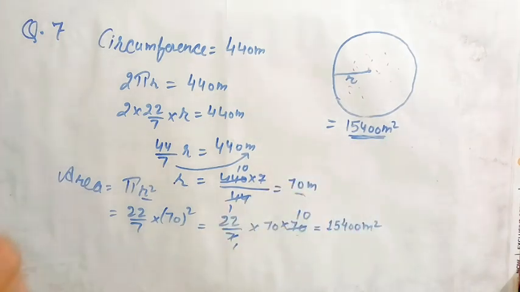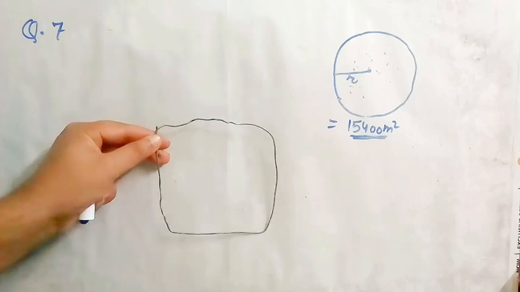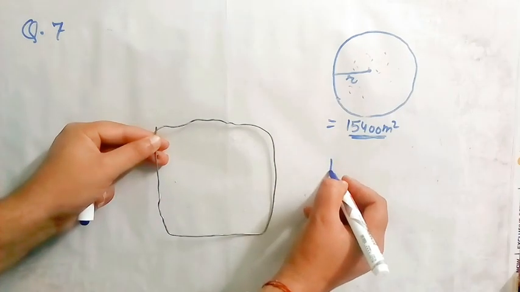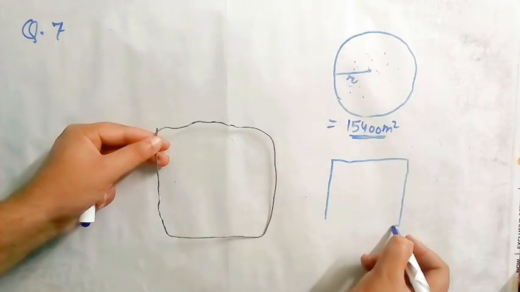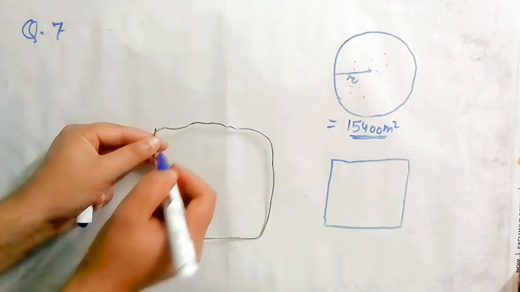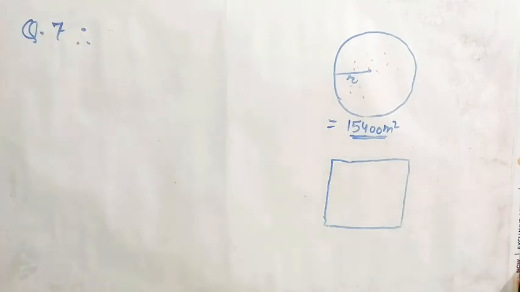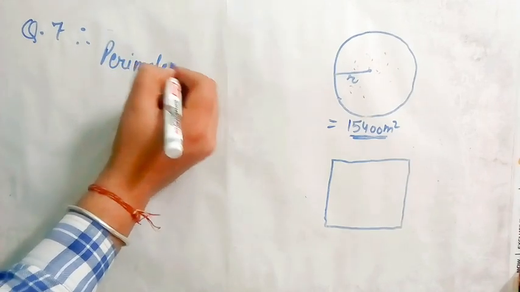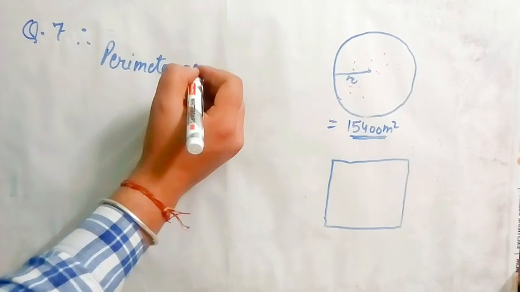Now let us see the same wire when it is converted in the form of a square. The wire is the same, means the length of the wire, that is the length of the boundary of the square, is the same. So let us find out the area of the square. The boundary is given as 440 meter, means the perimeter of the square is equal to 440 meter.